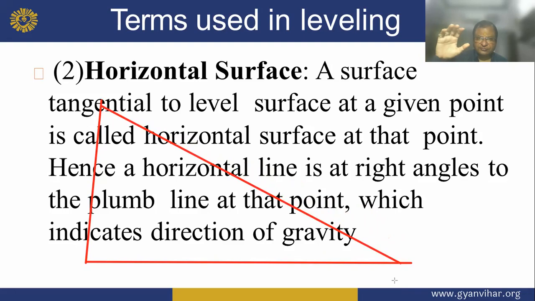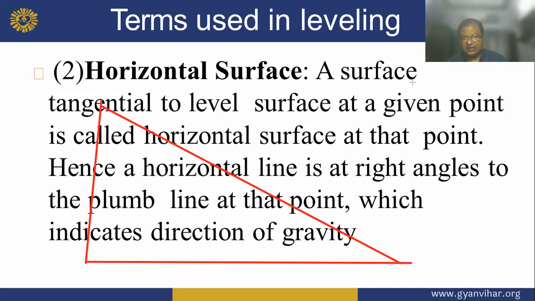So a surface tangential to the level surface at a given point is called a horizontal surface at that point.